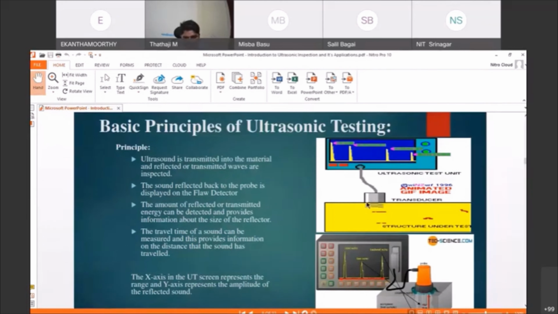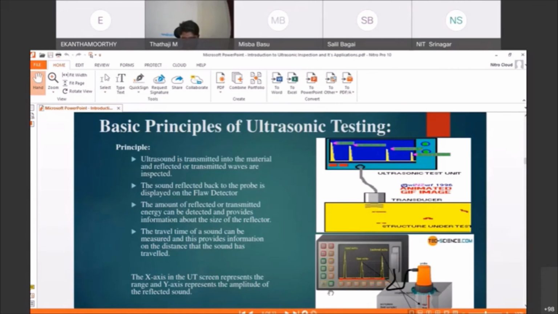When it is sending the signal here, there is no defect. The red ones are the defect indications. Where there is no defect, you will not get any flaw indication, only the input signal and the backwall. When it reaches the defect, you will get an echo based on how much energy is reflecting.